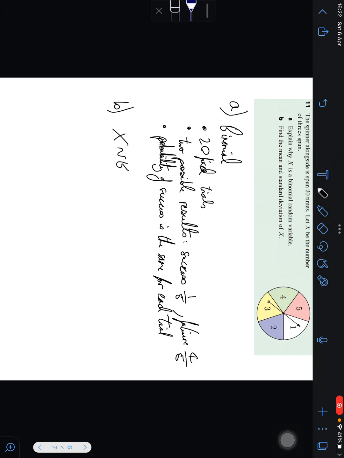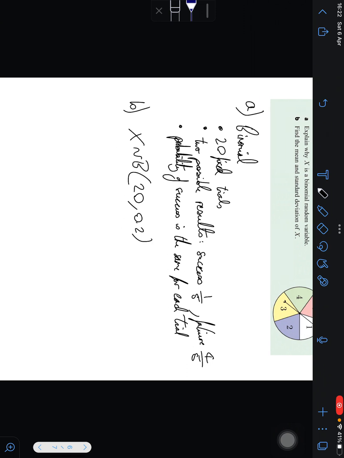Part B. So therefore we know that x is distributed binomially, 20 and 0.2. Mean and standard deviation, we've done this before. np is your mean, which would just be 4.